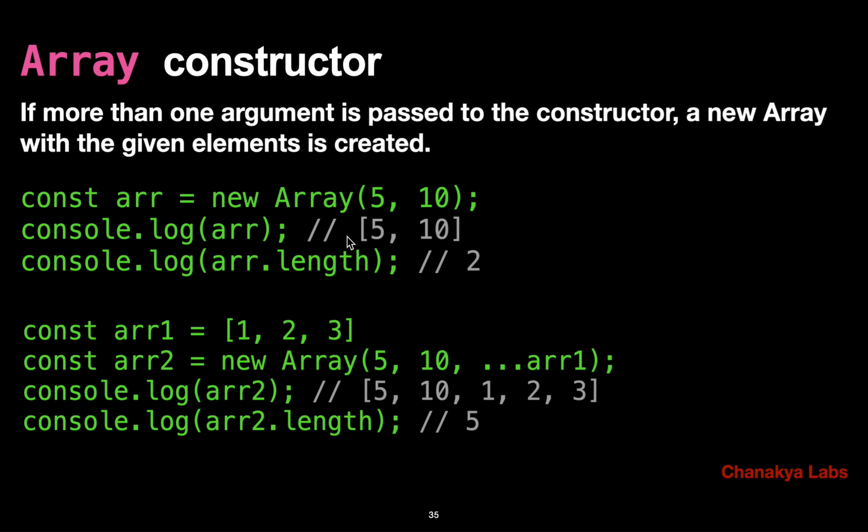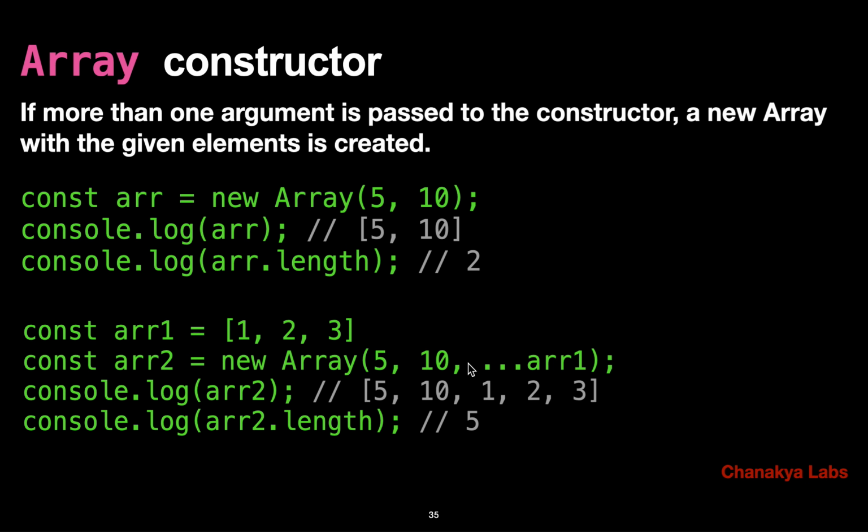So again, 1, 2, 3 is more than 1 argument. That is simply an array of length 3, where those 3 values are passed as arguments. So the spread operator, we know that. 5, 10, and we have 3 more arguments.